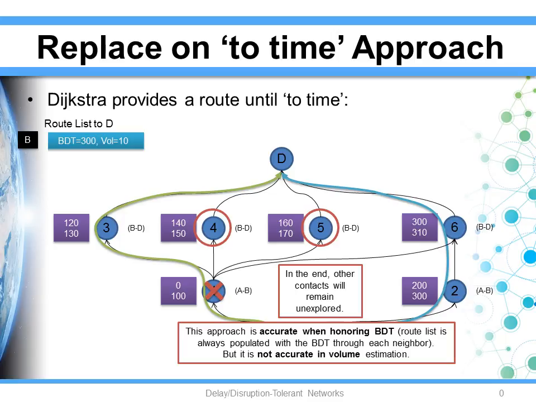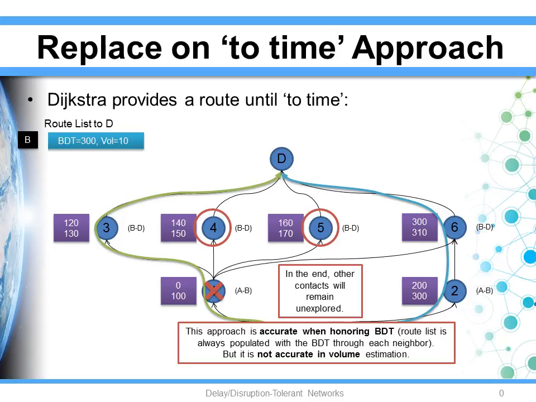However, if we start taking into account the volume that characterizes the path that we found, this approach is not accurate, because in this example it is clearly seen that the path through contact number 3 has a volume of 10. However, the contact A to B, the first one, which is contact number 1, is actually able to allocate a total volume of 30 units, using also contact 4 and contact number 5.